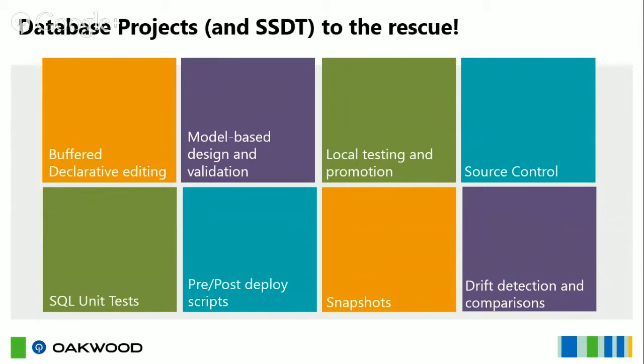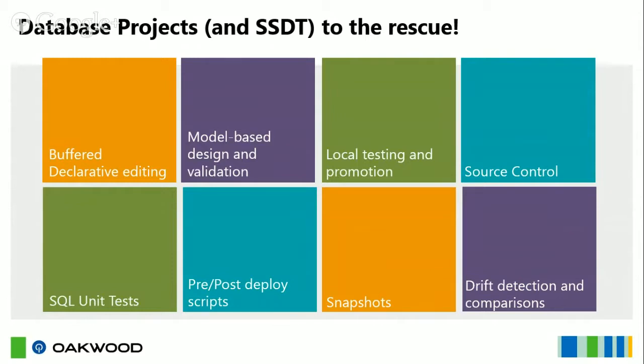So database projects, obviously they contain a lot of scripts. The scripts that represent your schema, your stored procedures, what have you. Another script that they support is what's known as pre- and post-deploy scripts. As part of the deployment or publishing process, it will compile your schema into one ginormous script and push it out for you.